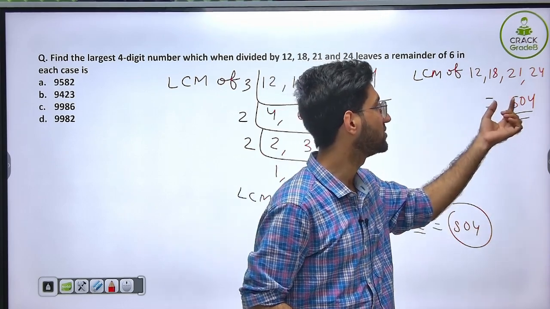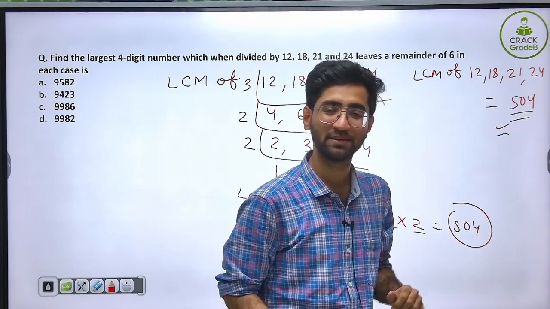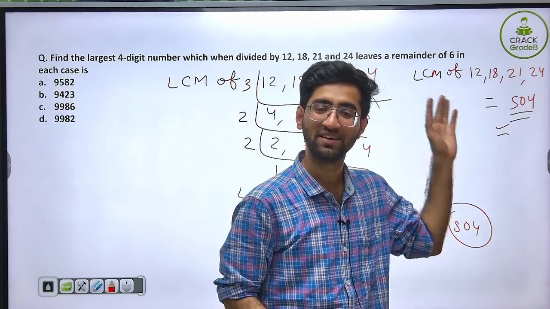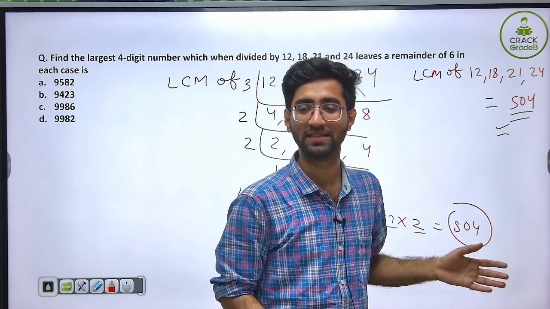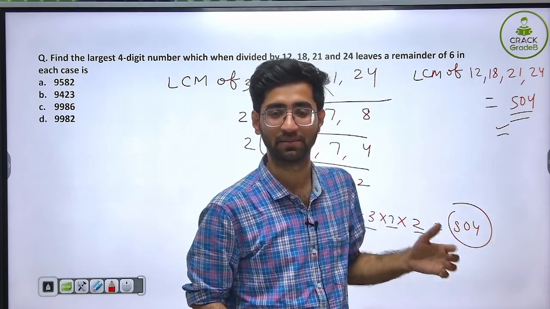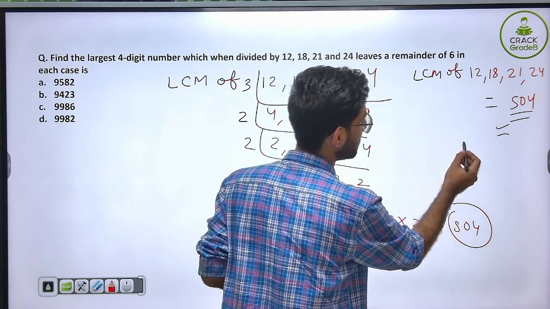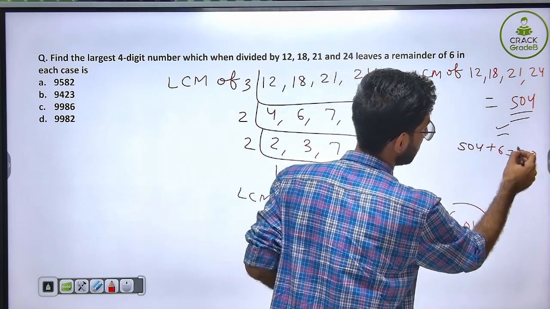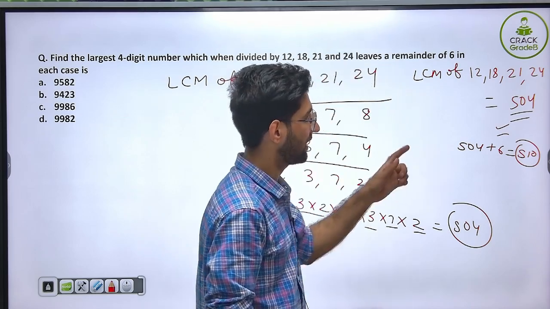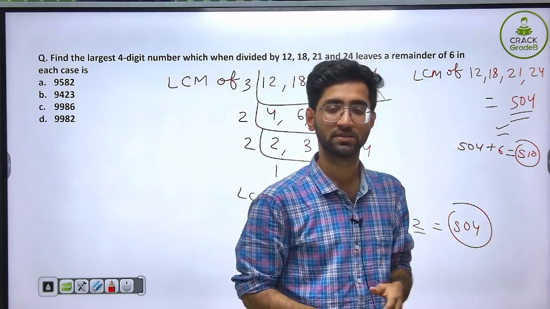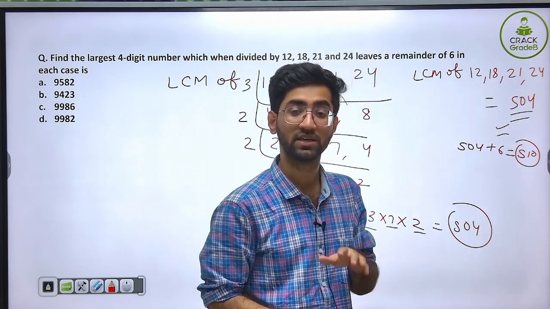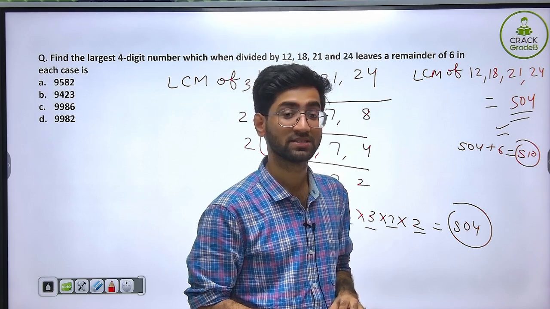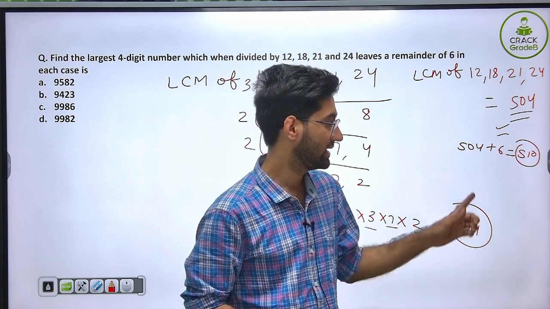Because 504 is a multiple of these numbers and 504 is the least common multiple of these numbers. That is the full form of LCM, right? But if I add 6 to this number, now if you divide 510 by these numbers, you will get remainder as 6.